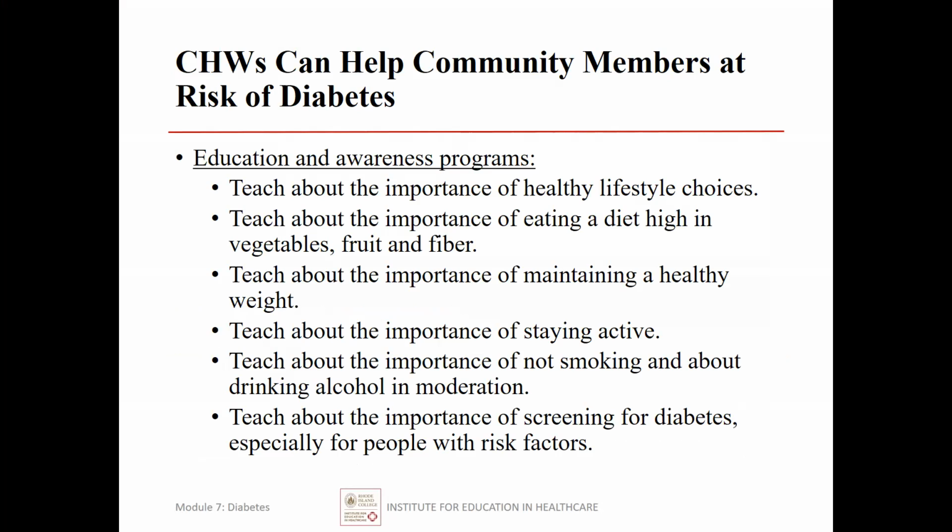This really involves education and awareness programs: teach about the importance of healthy lifestyle choices, eating a diet high in vegetables, fruit, and fiber, maintaining a healthy weight and staying active, not smoking or using tobacco, including chewing tobacco, and drinking alcohol only in moderation. And finally, teach people how important it is to get screened for diabetes, especially people with risk factors, for instance if they are overweight or if diabetes runs in their family.